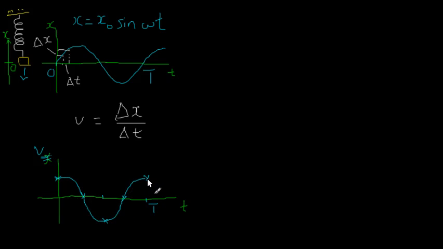As we have learned in simple harmonic motion, this is what it looks like. Both the velocity time graph and the displacement time graph look like a sine curve, but the velocity time graph looks like it has been shifted.